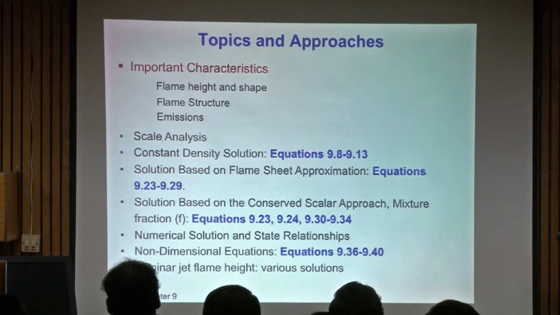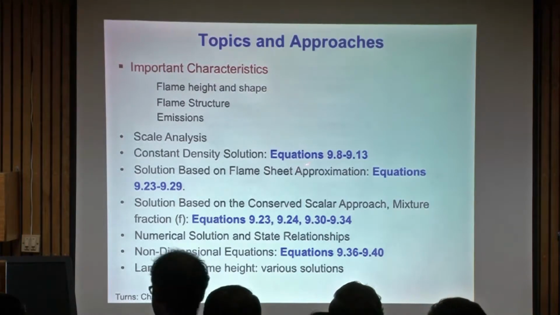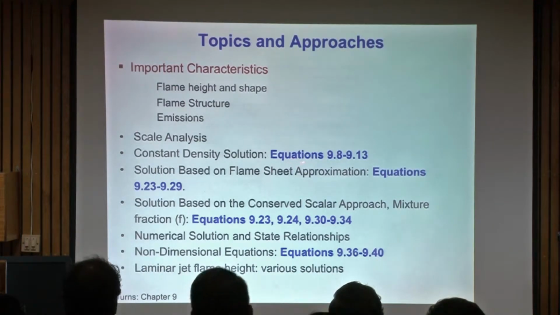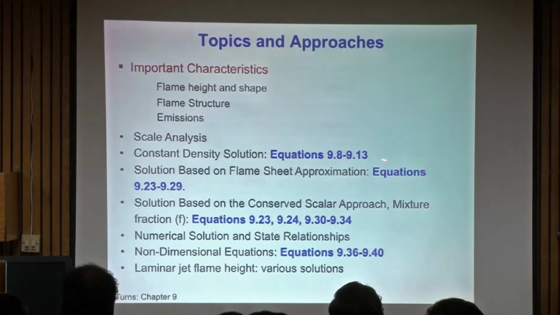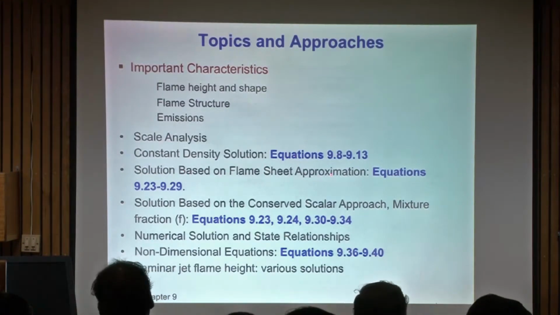Okay, here the reference is the Turns book. But Coe's book people follow, so you can find very similar equations in other books like Coe's book. There's a C.K. Law book, so you can find those similar equations. So we'll start with the constant density solution, and then look at some flame characteristics.